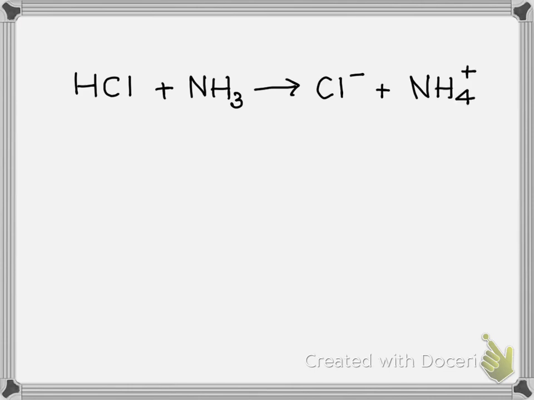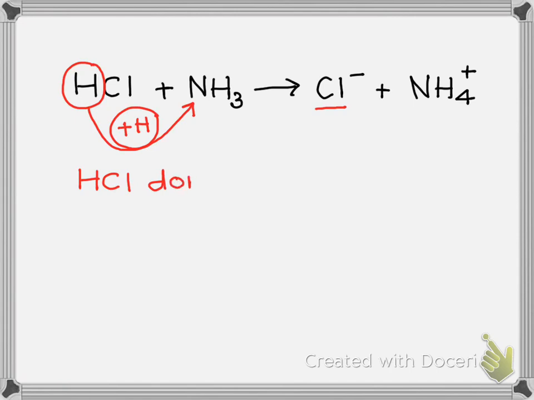So let's say we have this reaction, and if we're comparing the reactants and the products here, what we notice is that the hydrogen, the proton, has left the hydrogen chloride and gone to the ammonia. Right? So HCl donated the H plus. You could think of it as losing it if you wanted to. And then at the same time, NH3 is accepting it.